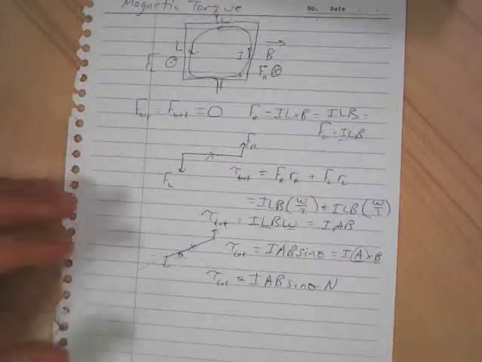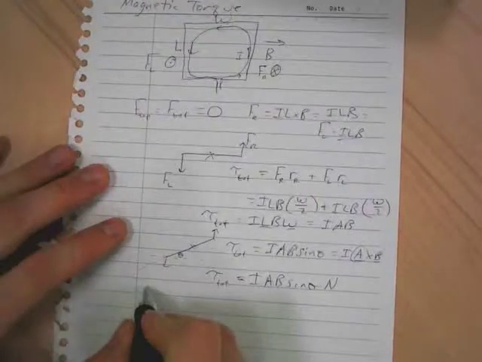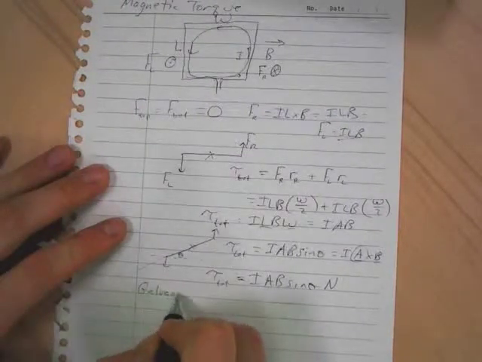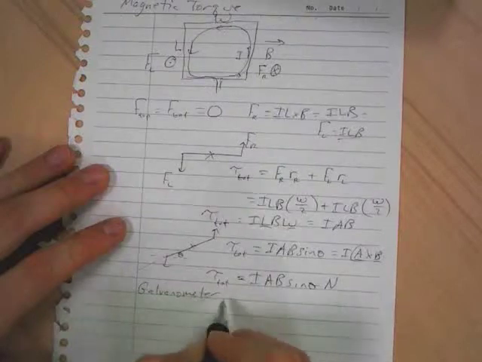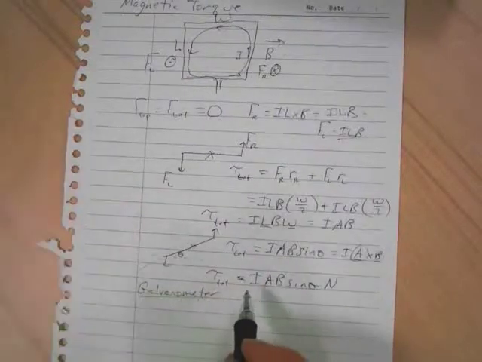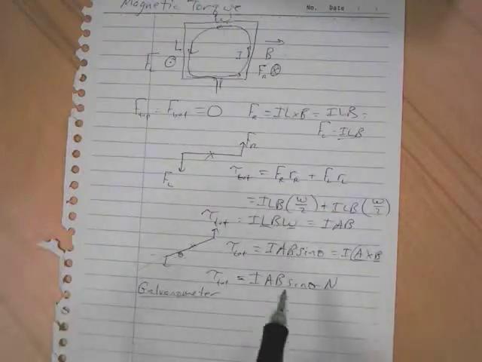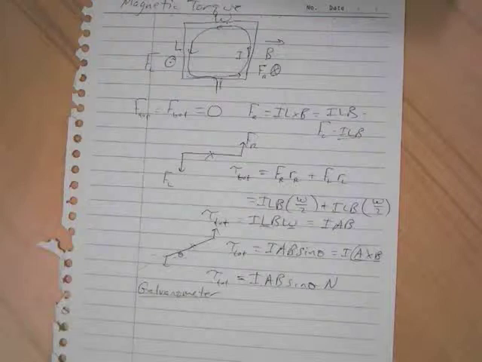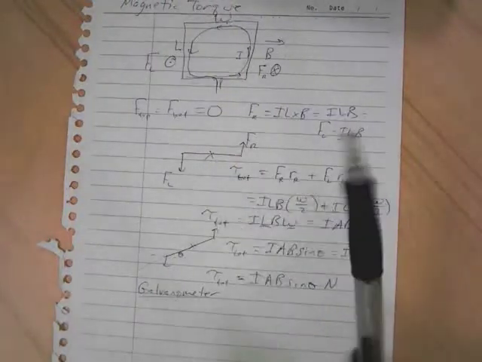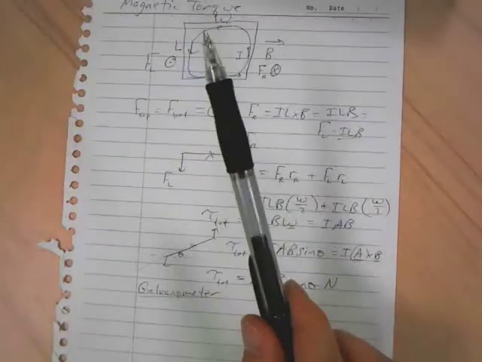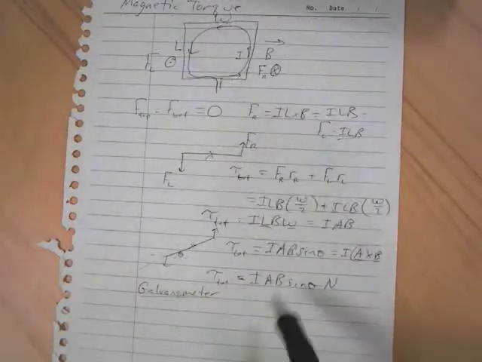Another application of this is what's called a galvanometer. It's something that's used to measure current. It's actually the same basic principle that our ammeters work by. Inside there's a little current loop, and the torque on that current loop causes it to twist, and that twisting motion causes the needle in the ammeter to turn and point to wherever it points to.